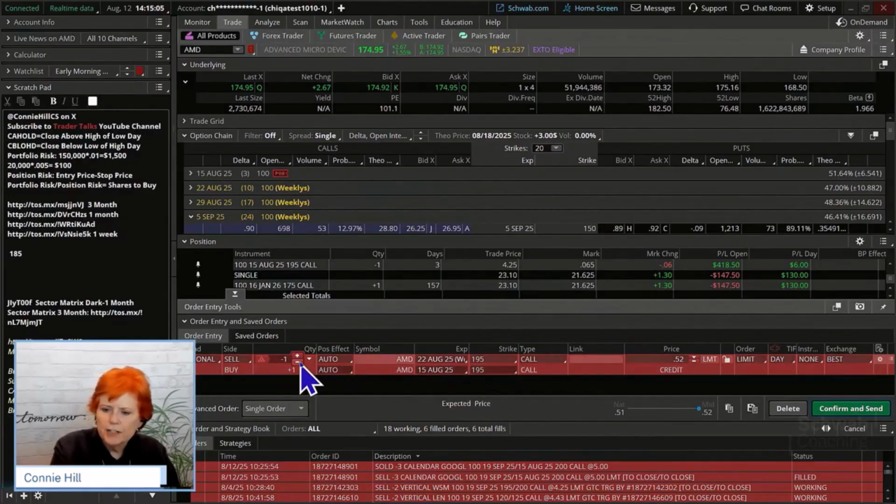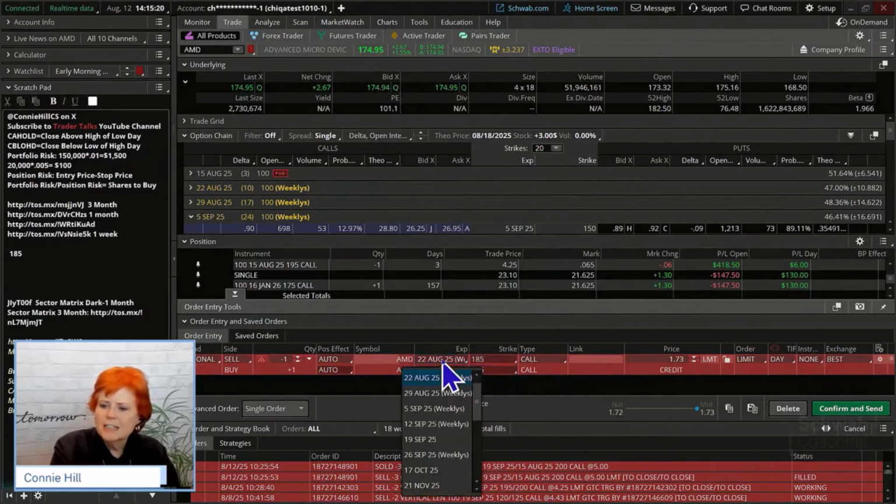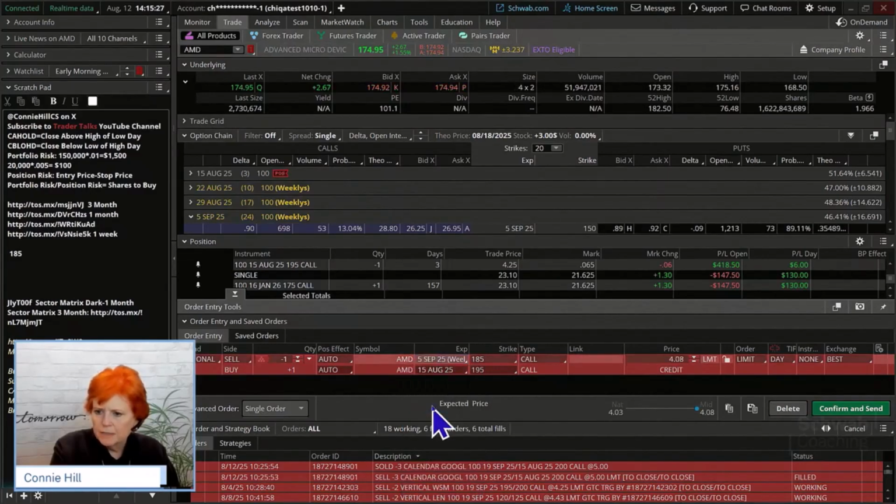But the thing that's important here is the bottom order here is we're buying back our current contract, the 195 that expires this week. And here I said we're going to do the 185. So let's grab 185. And then we're just going to change the time frame on this. And this one, we were looking at doing the September 5s.